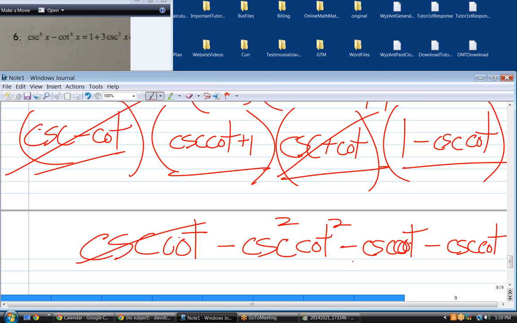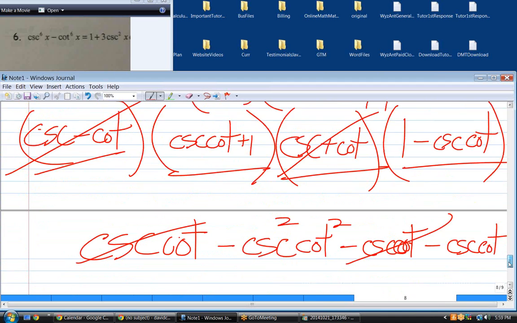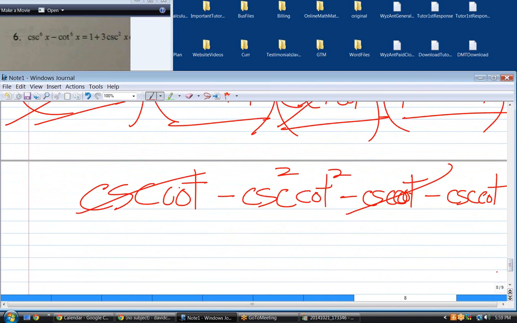What is it supposed to equal? 1 plus 3 of those squares.